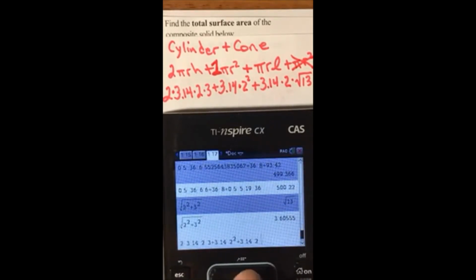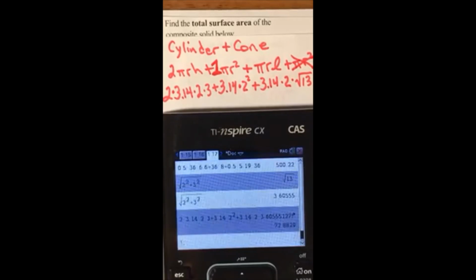If you had turned yours into a decimal, you can arrow up and get all those decimal places. That's important. Look at all these decimal places. Now when you press enter, you round at this time. So this would be 72.9.